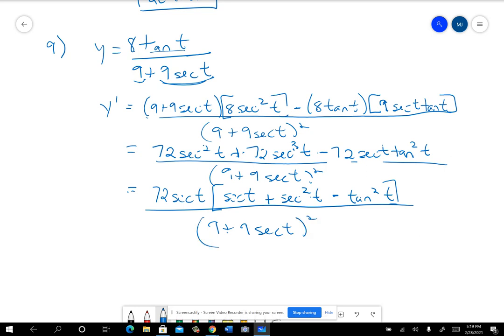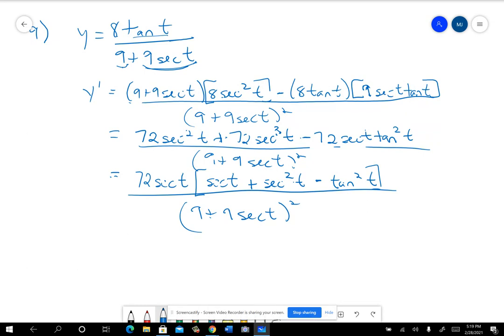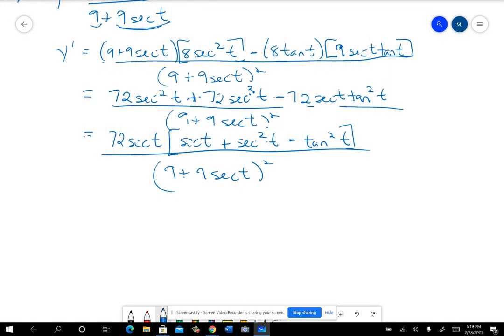All right, so let me see if there's something better I could have done. Boy, sometimes I have trouble when it's a bunch of secants and tangents. I'm wondering if I could just change them into cosines and sines and then maybe see a little better what it would result in. Because I'm just not seeing it right here.